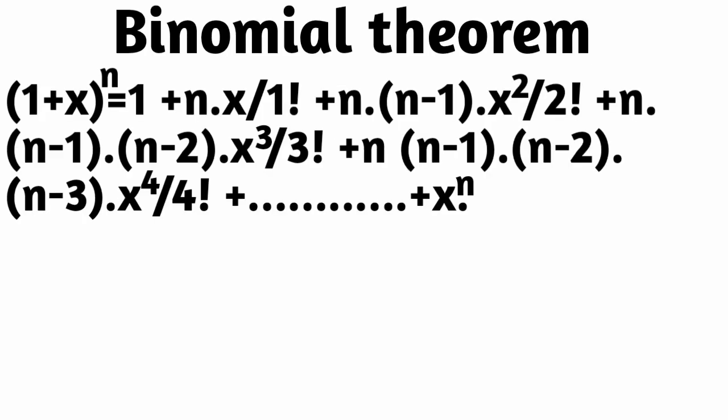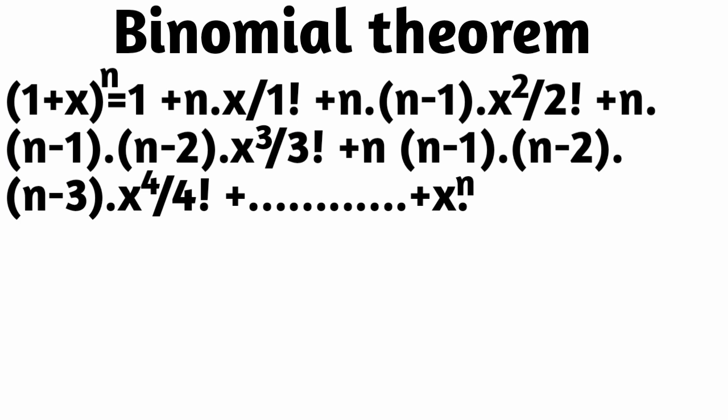In the binomial theorem, (1 plus x) whole to the power n can be expressed as 1 plus n into x divided by factorial 1 plus n into (n minus 1) into x square divided by factorial 2 plus n into (n minus 1) into (n minus 2) into x power 3 divided by factorial 3 plus n into (n minus 1) into (n minus 2) into (n minus 3) into x power 4 divided by factorial 4 and so on, up to the last term.